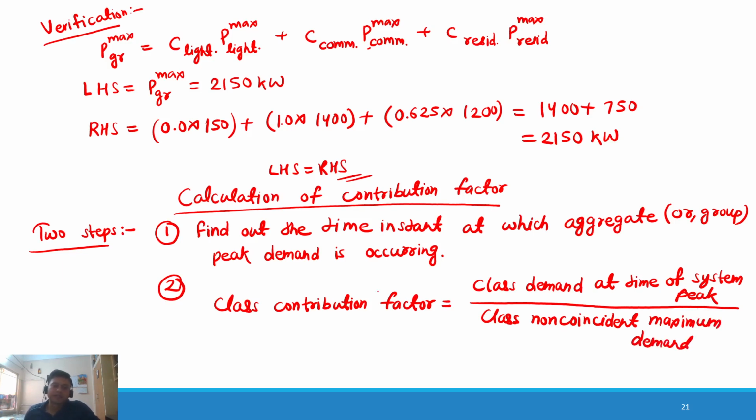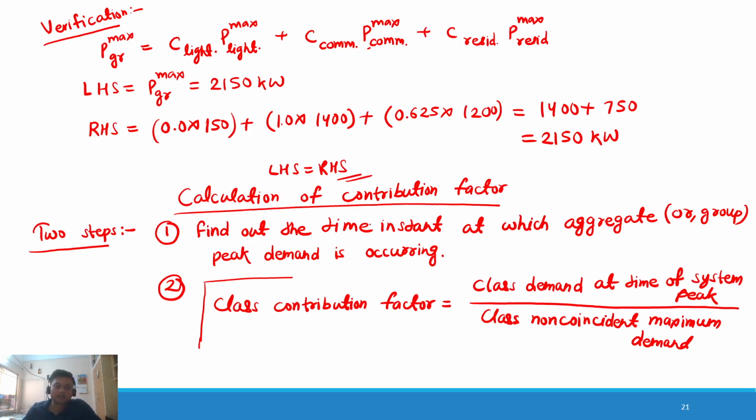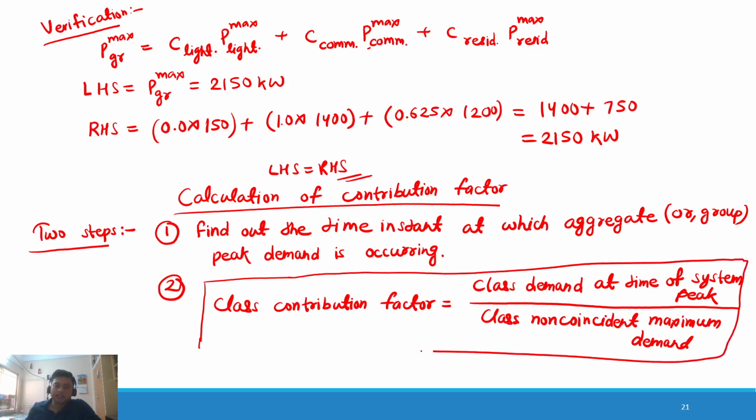So don't get confused by these terms like class. Based on the customers, based on different types of class, different types of load, it will vary. So you should just understand the fundamentals of what is happening. If you are given a table and from the table you have to find the contribution factor for different classes, or different kinds of loads or customers, then you first need to find out the aggregate or group peak demand, and then in the next step find out the time instant at which this group demand is occurring.